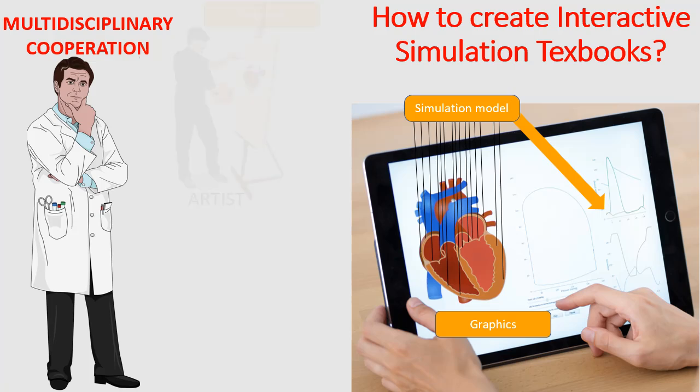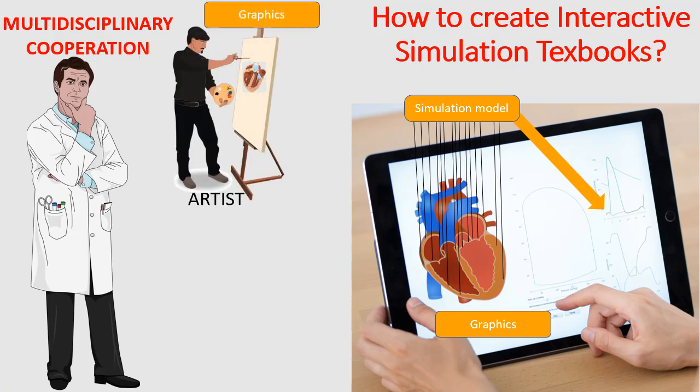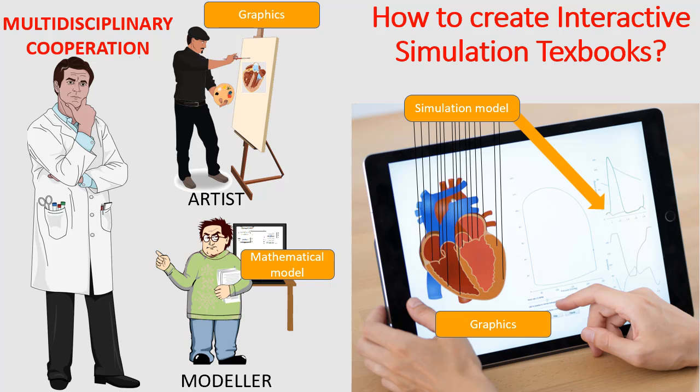The artist creates interactive pictures, and the modeler creates the simulation model behind the background simulation games. Simulation models can also control animated images, animated graphics, figuratively speaking, hanging on the threads of simulation models like puppets in a puppet theater.